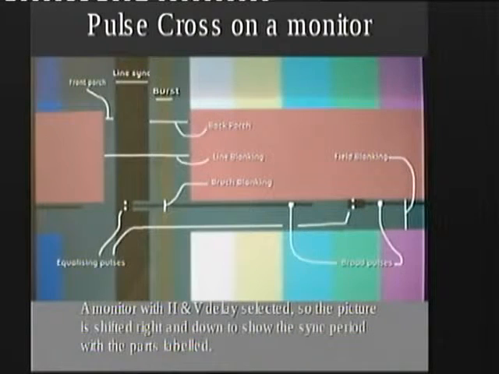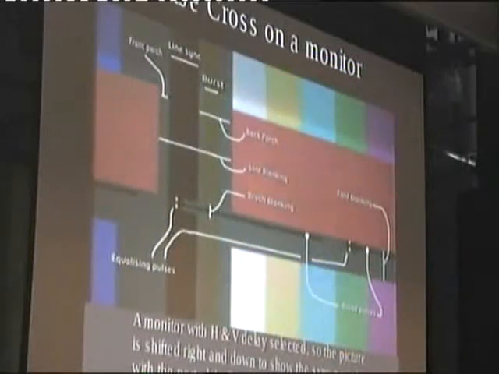What has happened is that the scanner shifted sideways and upwards so that the bit you normally don't see is exposed. And here we have the line sync period, the burst, the front porch and the back porch, and line blanking.